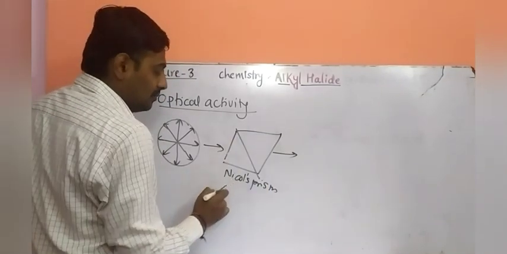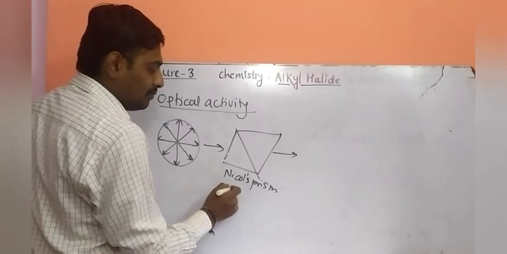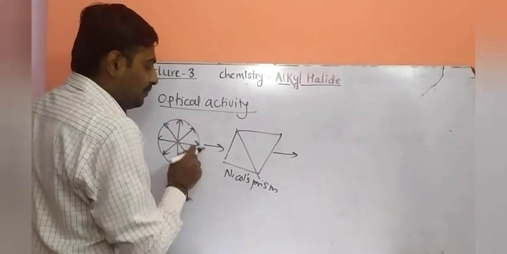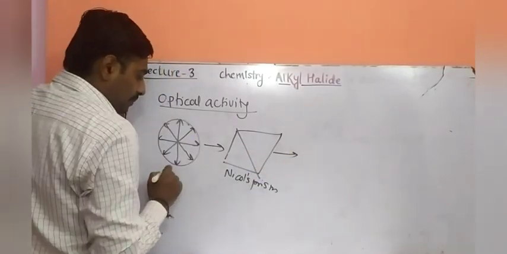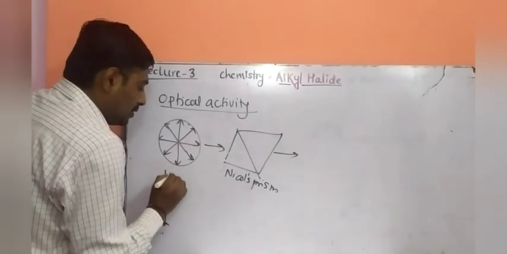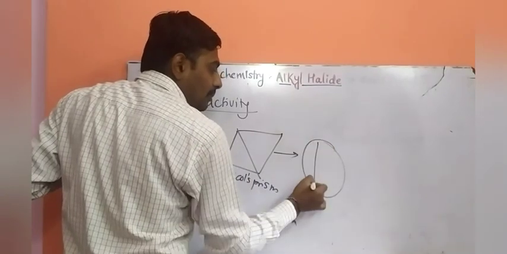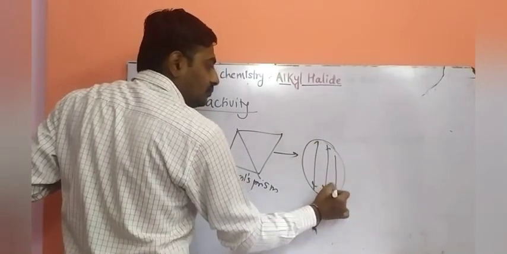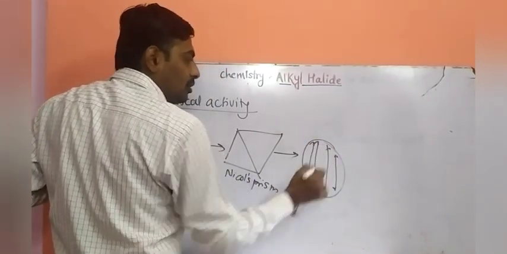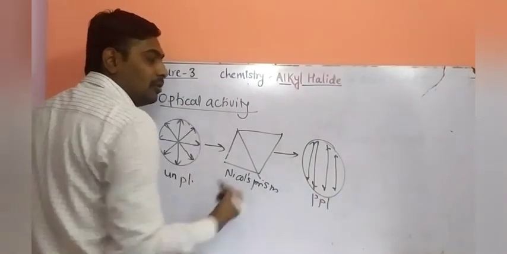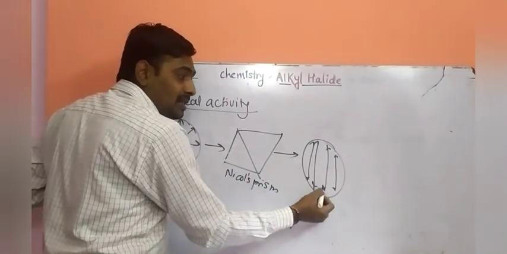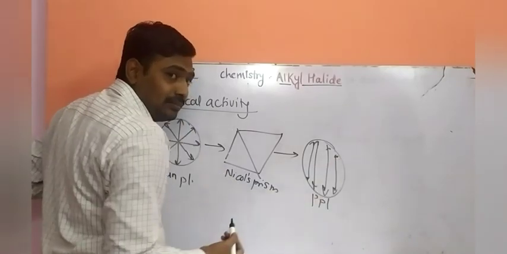This is the first prism and this is the second prism, joined to form the Nicol prism. The unpolarized light passing through the Nicol prism will give plane polarized light, PPL, which vibrates in a single direction.